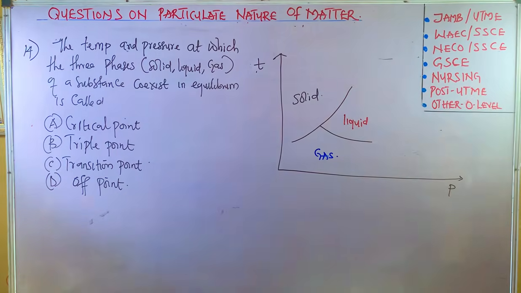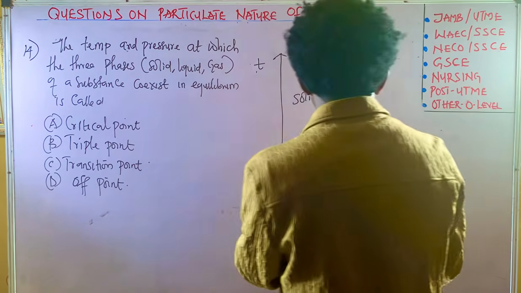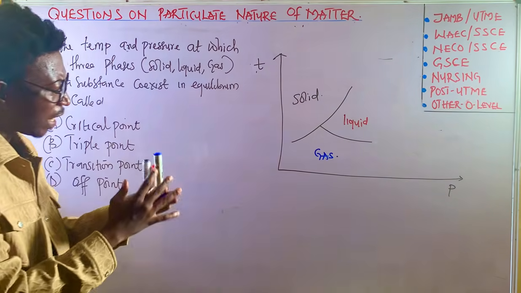Now, if you check very well, I'm going to show you two points: the critical point and another point that is the answer. Critical point is not the answer. There's this point here where the liquid and gas phase coexist, where there is no boundary between the liquid and gas phase.